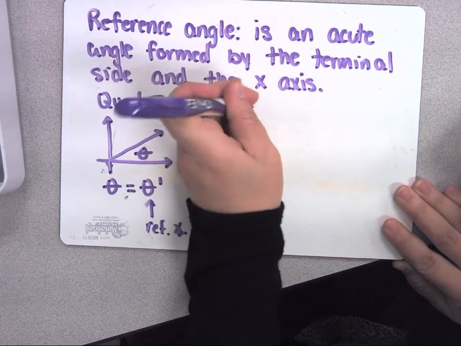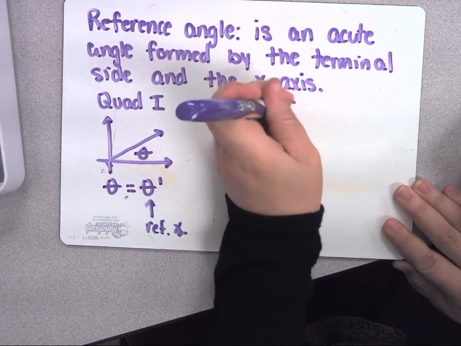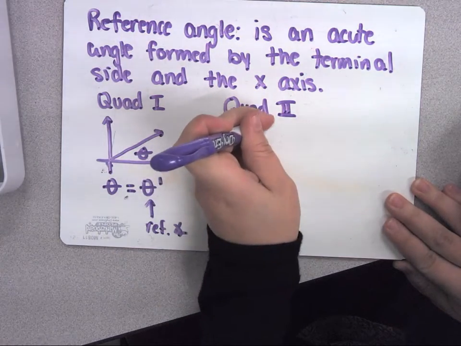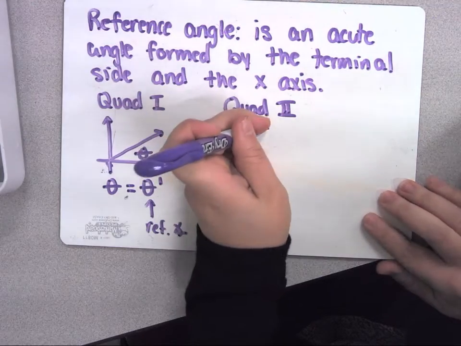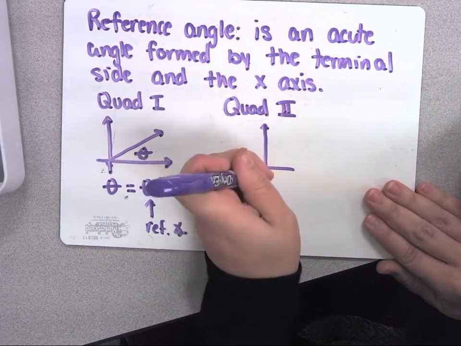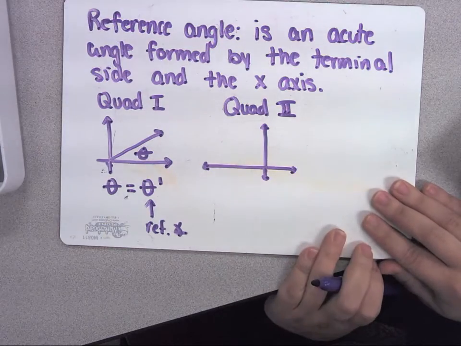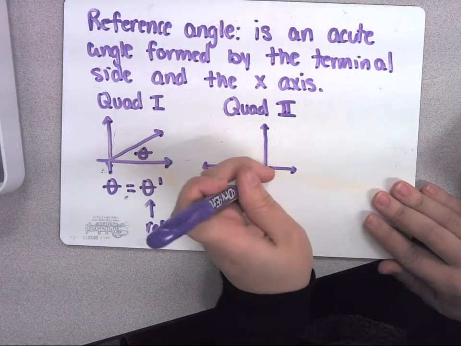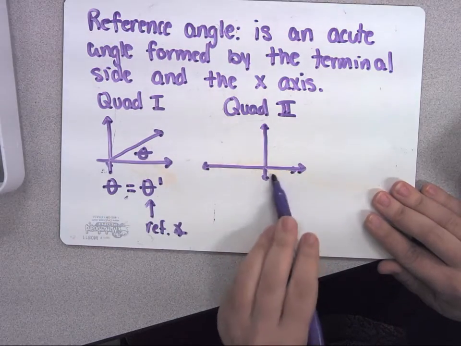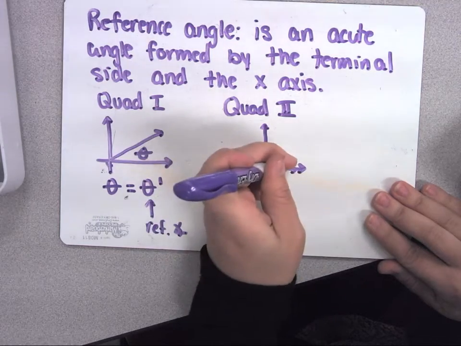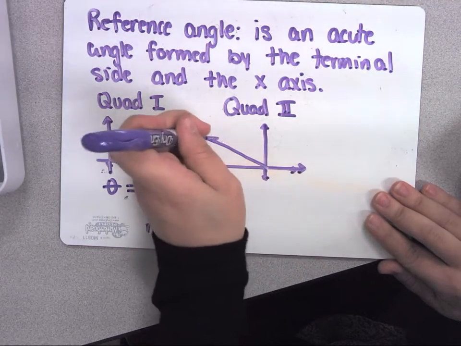Now, quadrant 2. This one, we're going to draw just the second quadrant, and a little bit of the first. Now we're starting all the way from over here, starting in the first quadrant, and we're going to end somewhere in the second quadrant.